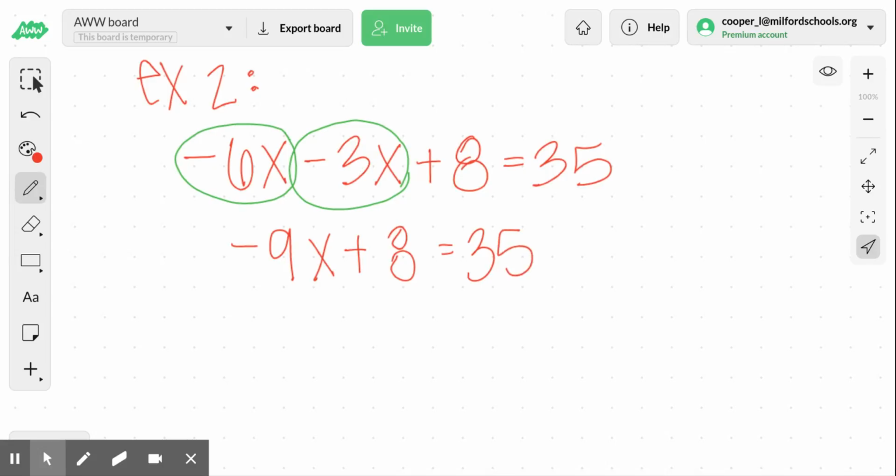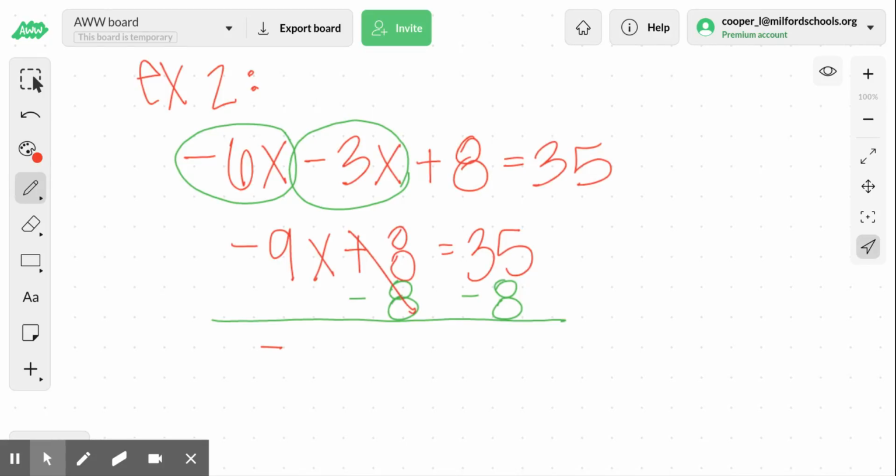Also remember, you guys can use calculators this year, so feel free to put that kind of stuff in your calculator. I'm now going to do my 2-step equation. So I'm going to get rid of this 8 and put it over with this 35, so I can isolate this variable x. That cancels that out.